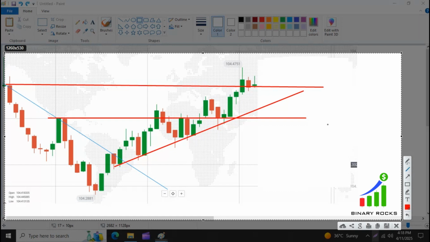In these kinds of situations, try to avoid or wait for one more candle which shows a confirmation. But here I didn't get any confirmation to go with sellers or buyers, because in these kinds of areas sometimes the market will move like this too.